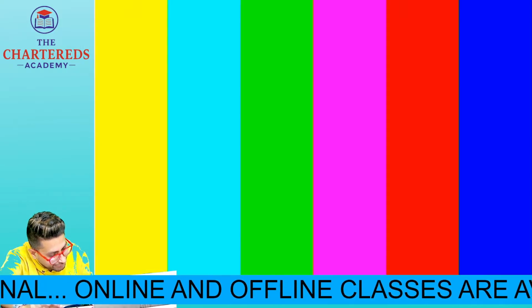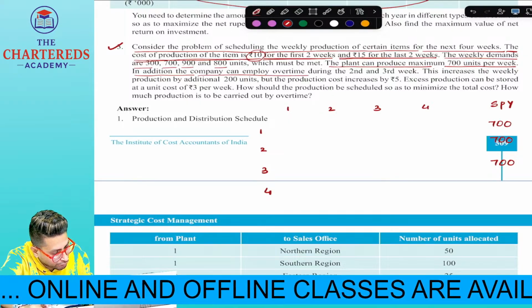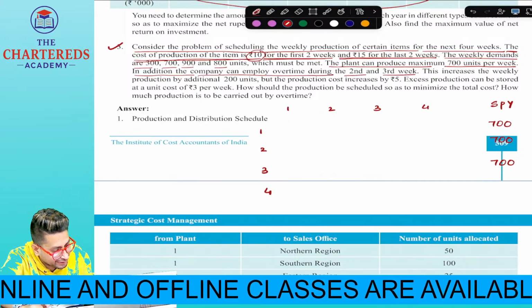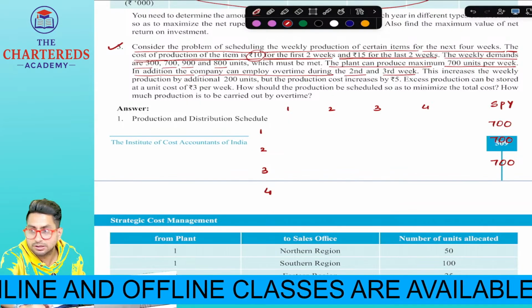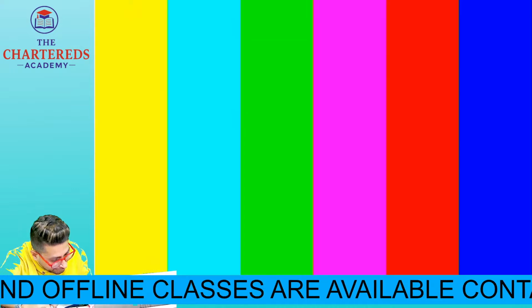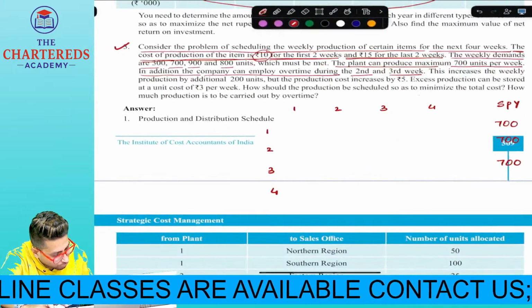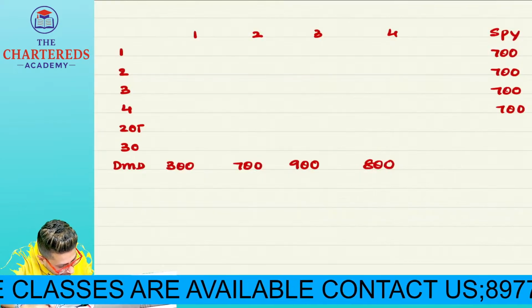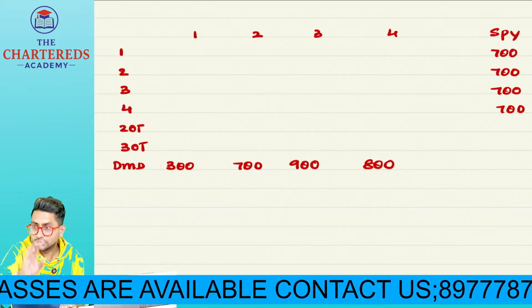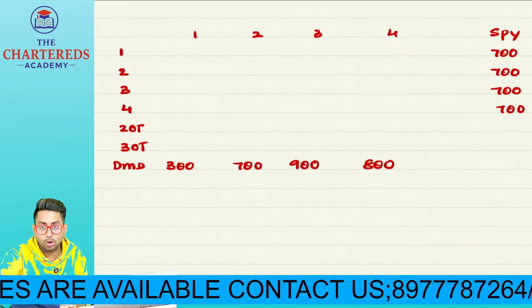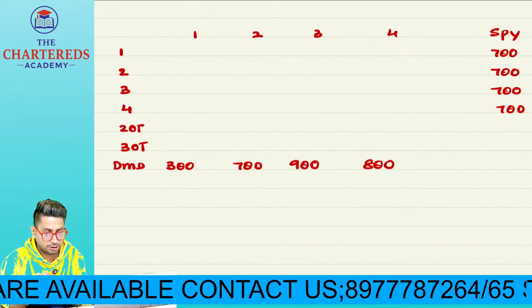Next, in addition, the company can employ overtime in which weeks? Second and third week. That also we have to consider. Second week overtime, and third week overtime. Clear? So 4 weeks are there and 2 overtimes are there. First week, second week, third week, fourth week.